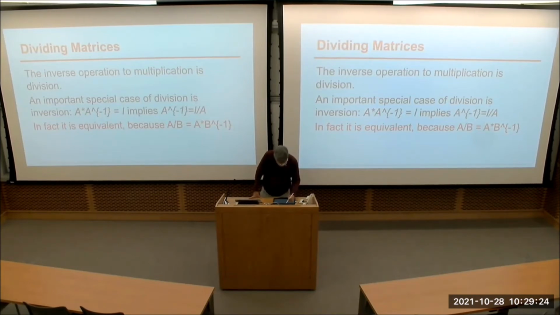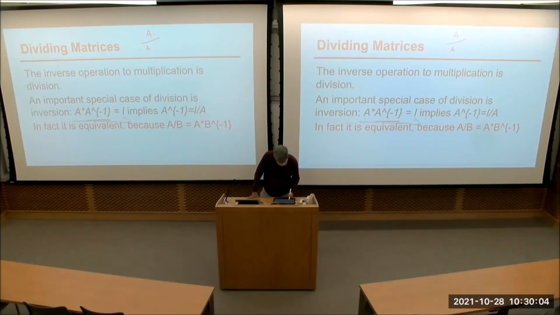Given a matrix A, its inverse is the matrix that when you multiply A by its inverse, you get the identity matrix. That is really kind of like saying that A divided by A gives the identity matrix. It's like saying that, in normal algebra, A over A is 1.